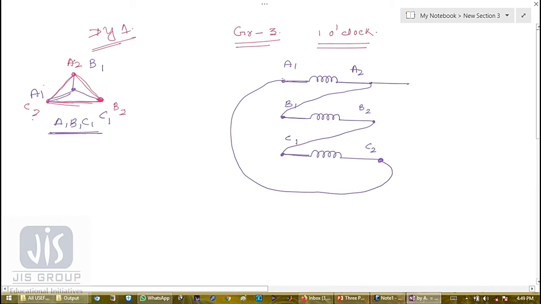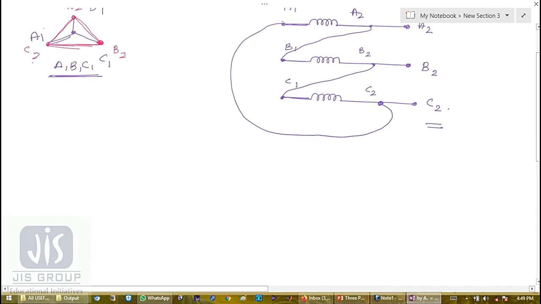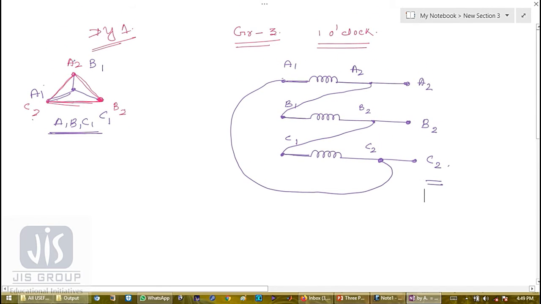The terminals of the high voltage side are A2, B2 and C2. Now let me draw the phasor diagram, which is the star connection.